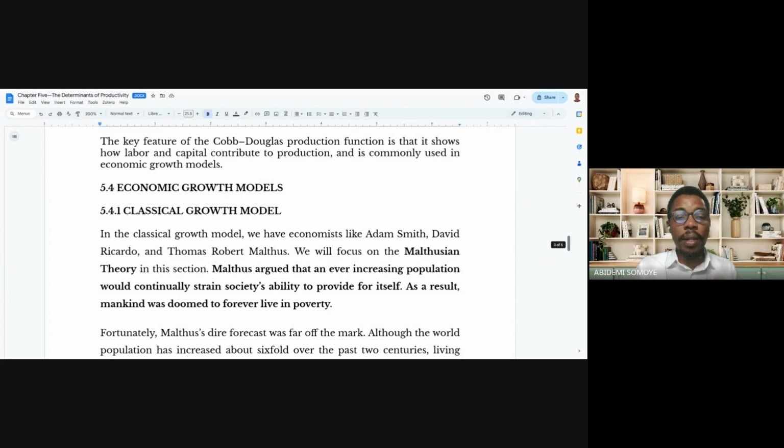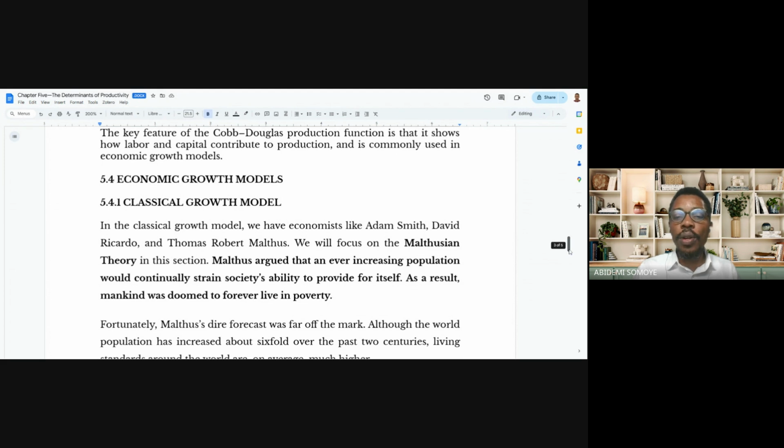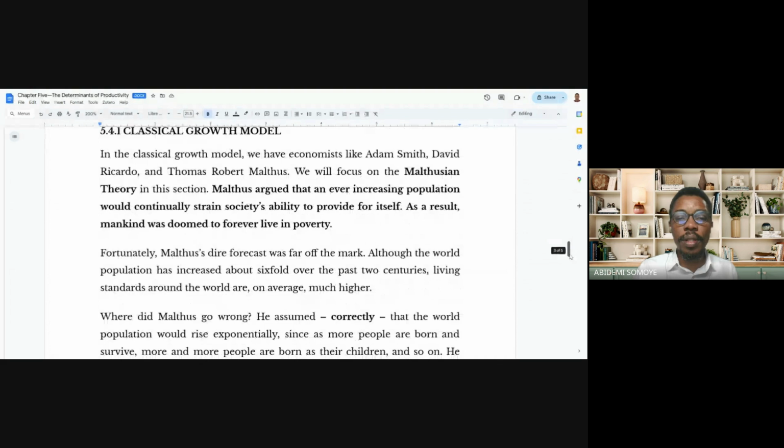But in the classical growth model, I also want to talk about the Malthusian population theory. We will focus on the Malthusian theory in this section.